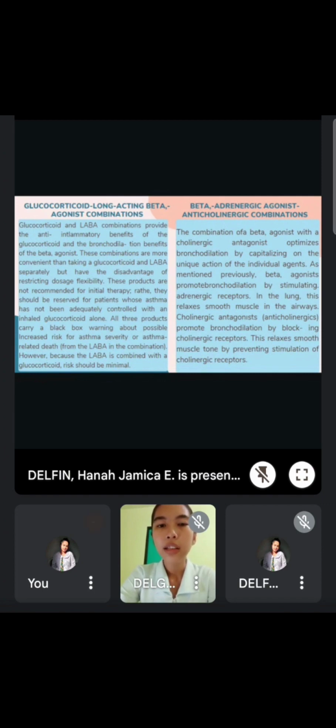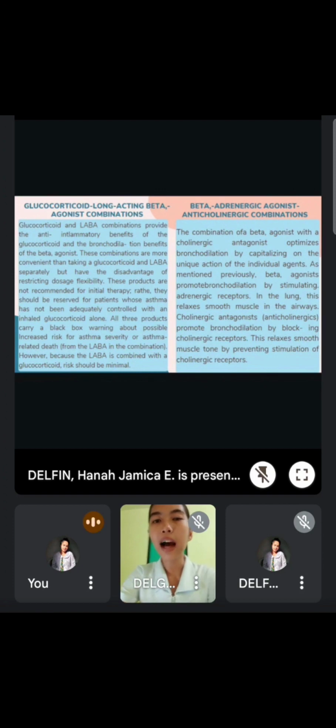Rather, they should be reserved for patients whose asthma has not been adequately controlled with an inhaled glucocorticoid alone. All three products carry a black box warning about possible increased risk for asthma severity or asthma-related death from the LABA. However, because the LABA is combined with a glucocorticoid in the combination, risk should be minimal.